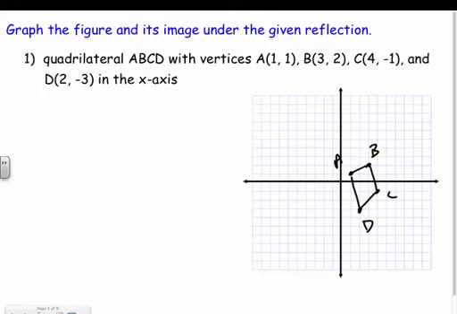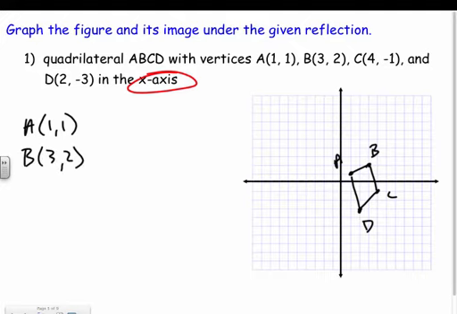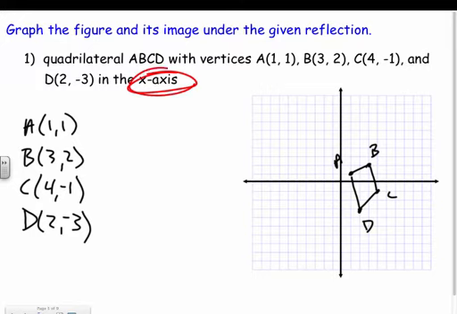And then I want to reflect it on the x-axis. So what I like to do is I like to write my points off to the side just so I can see them. And just what we talked about, how do you reflect for the x-axis? What changes? So reflect on the x-axis, all that changes is the y, right?